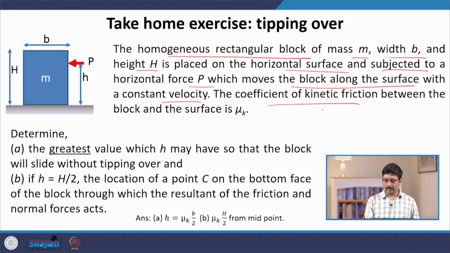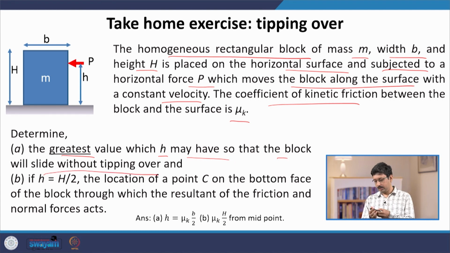The coefficient of kinetic friction is mu_k. We have to determine the greatest value, again the emphasis is on the word greatest, of h, where h represents the height of the line of action of P from the floor, so that the block will slide without tipping over.